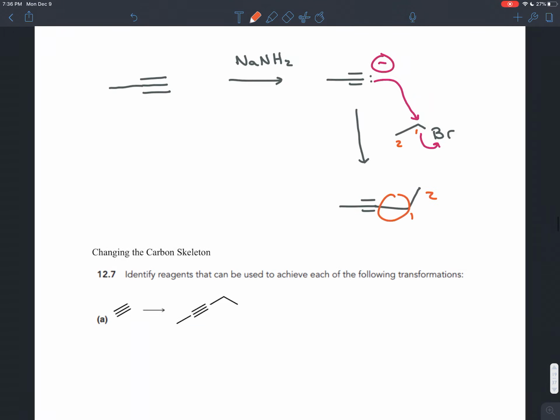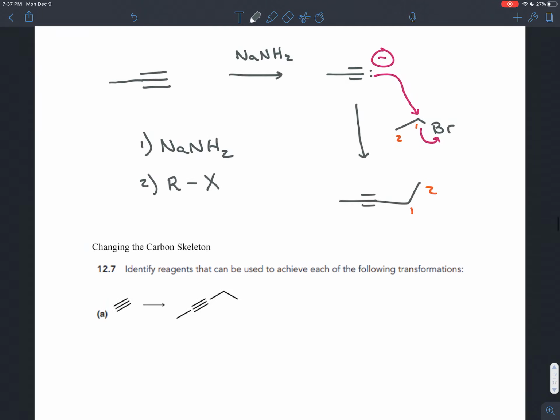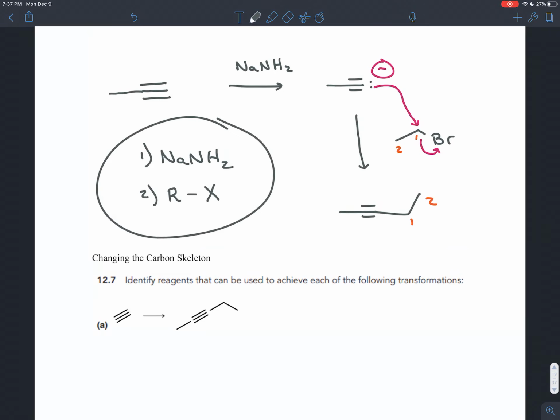So you can form a new carbon bond. You can add carbons onto the molecule by first adding sodium amide to a terminal alkyne, and second, adding some alkyl halide. Remember, any carbon chain is represented by a capital R, and any halogen is represented by a capital X. So that's one thing to keep in the back of your mind.